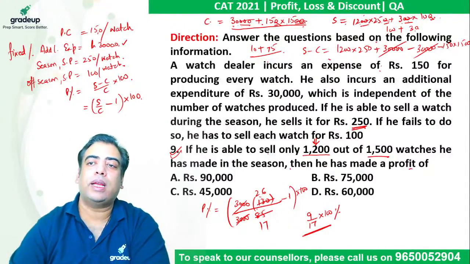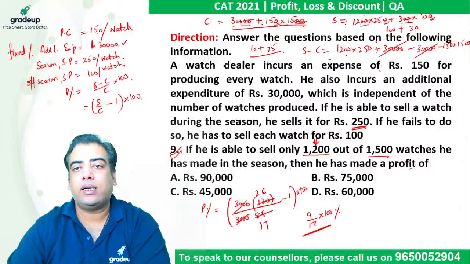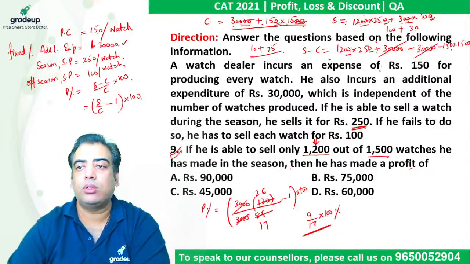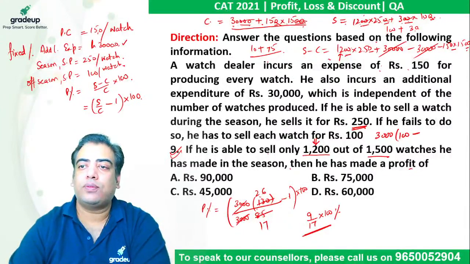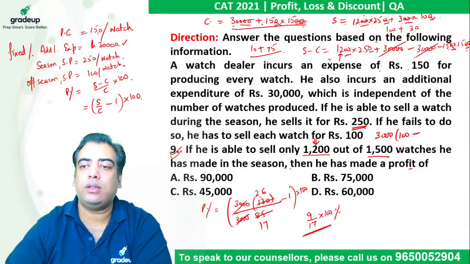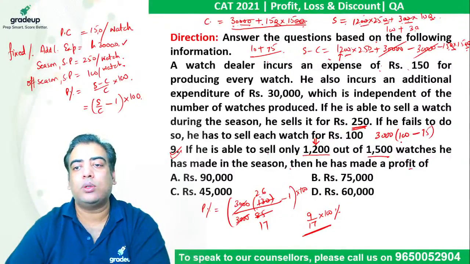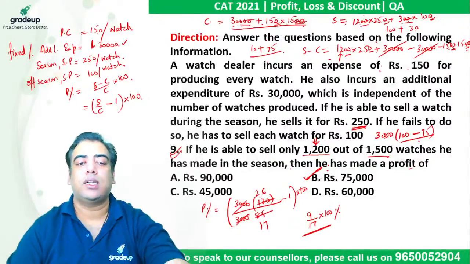Again, to make calculations easier, we can take 3 zeros common out of these two, and on the other side, we can also take 3 common. So 3000, when we take common out of these two, here leftover is 4 into 25, which is 100, and there leftover is 5 into 15, which is 75, results in 25. So 25 into 3000, the answer comes out to be 75,000.